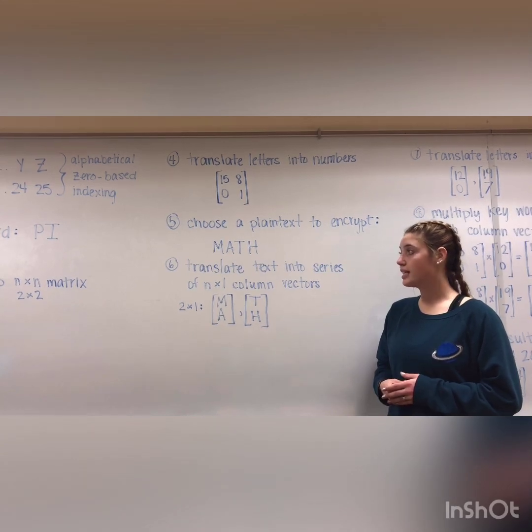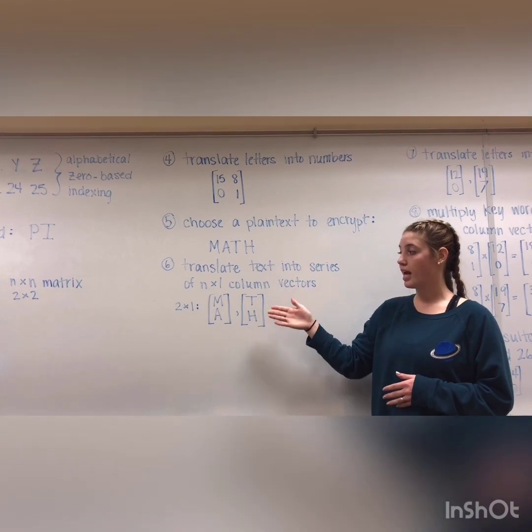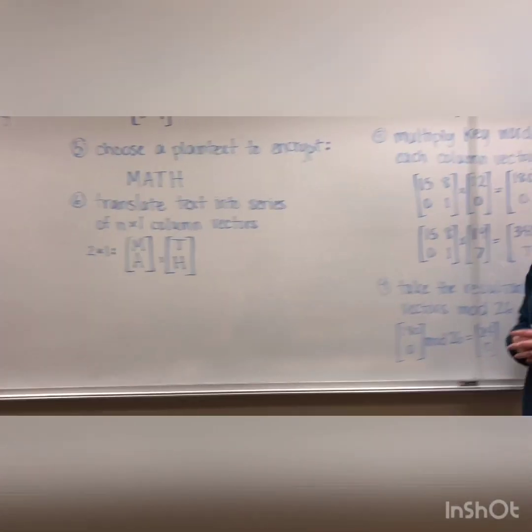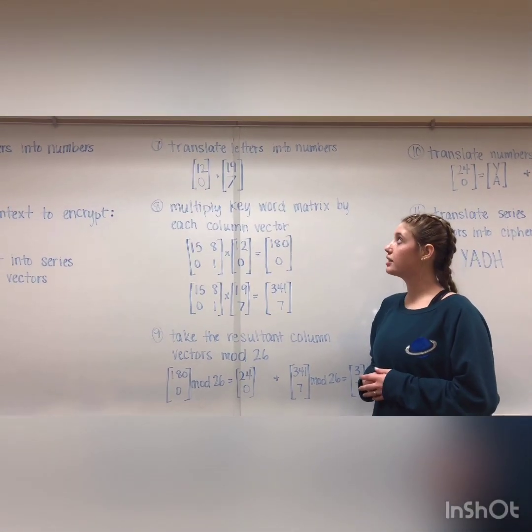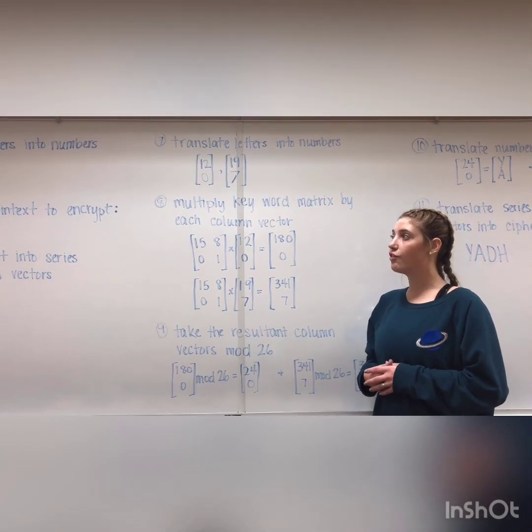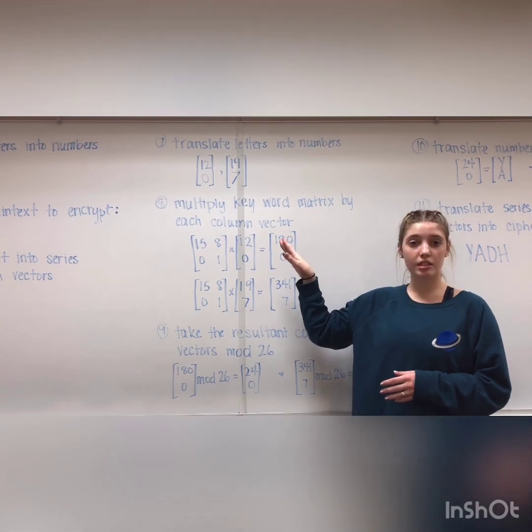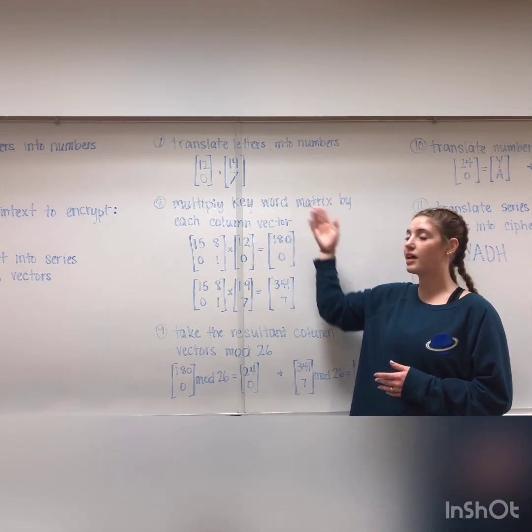So since our plain text is math, our column vectors look like MA and TH. Step 7 is to translate these column vectors into numbers. We know using our alphabetical zero-based indexing that 12 goes to M, 0 to A, and then 19 to T, and 7 to H.